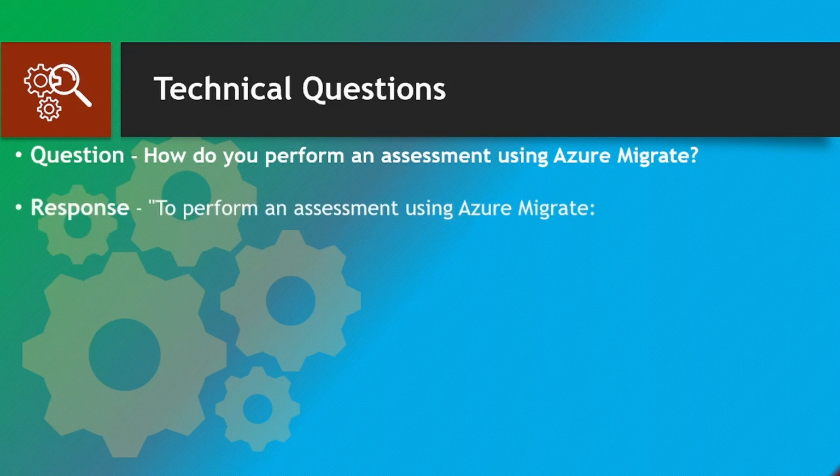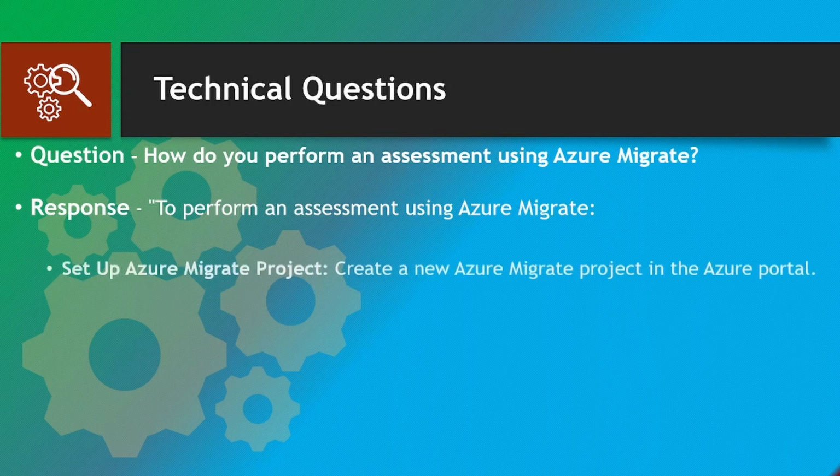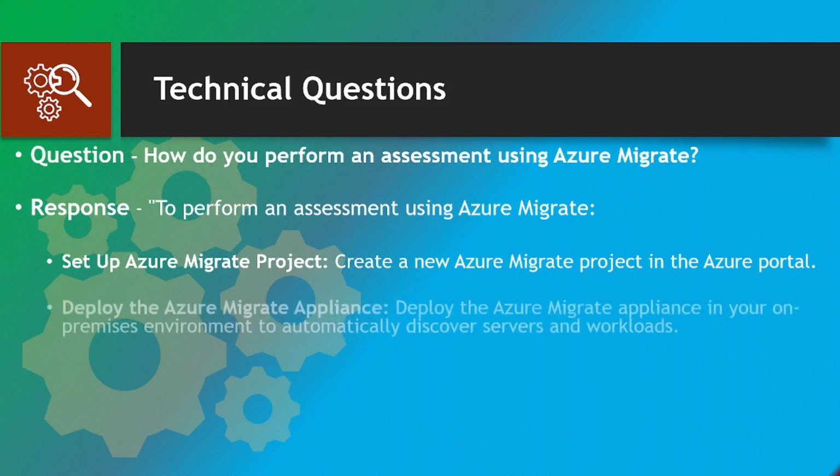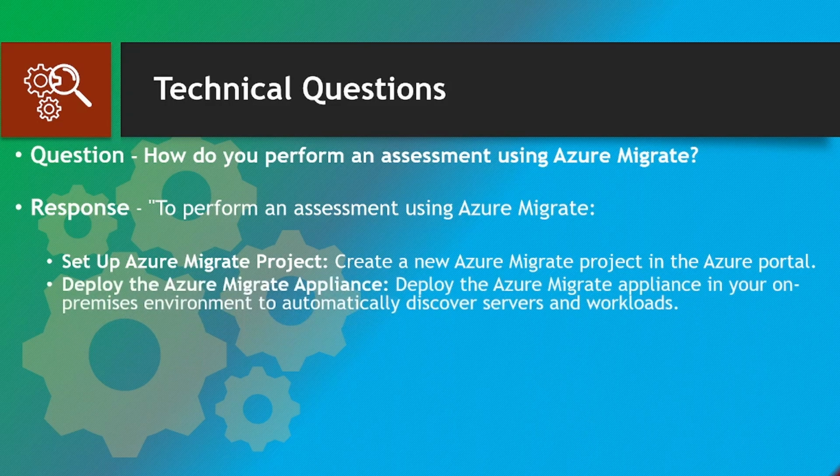The response to perform an assessment using Azure Migrate: below are the things we have to set up and configure. First, set up an Azure Migrate project. Create a new Azure Migrate project in the Azure portal. After that, deploy the Azure Migrate appliance in your on-premises environment to automatically discover servers and workloads.